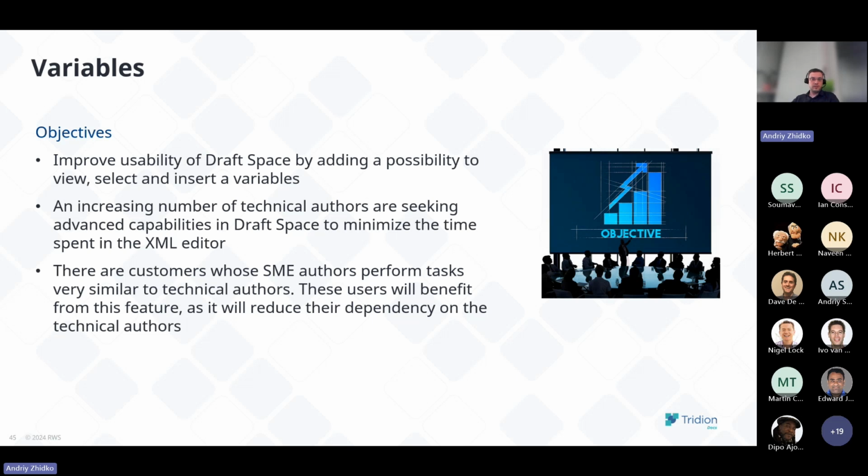There is also another use case where customers' subject matter experts perform tasks very similar to technical authors, and these users will benefit from this feature because it will reduce their dependency on the technical authors. They can perform the tasks on their own.